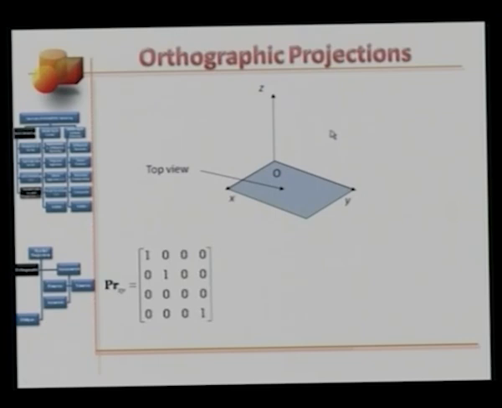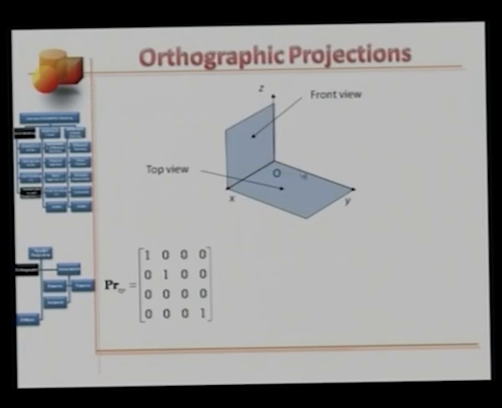The corresponding 4x4 orthographic projection matrix PR sub xy will be given by 1, 0, 0, 0, 0, 1, 0, 0. All zeros in the third row. Notice that the z coordinates will be 0, and all entries over here as 0, and the last entry being 1.